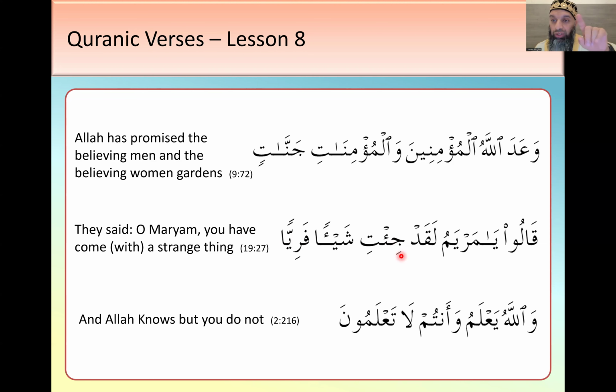In qala, you get qul, remember? Qulta, qultum. For ja'a, it becomes a kasra: jiti, jita, jitum. So that's a weak verb, and that's what has happened to it. The first letter got a kasra in this verb. So laqad jiti, you came, shay'an, with something, fariya, strange. We're not doing fariya, but that's how it's broken down. Qalu, they all said, Ya Maryam, O Maryam, laqad jiti, you have come, shay'an fariya, with something strange.